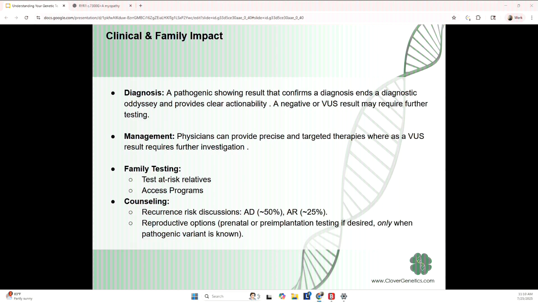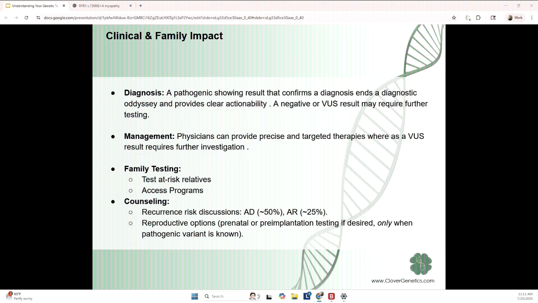So all said, interpreting the results correctly is crucial for patient care. A pathogenic finding with an appropriate inheritance pattern can provide a clear diagnosis, whereas a VUS is one where we require additional familial testing, follow-up, or additional data to clearly say that this is causative of disease. An appropriate diagnosis allows for more precise information for management, whereas with a VUS, management really has to be cautious at best.